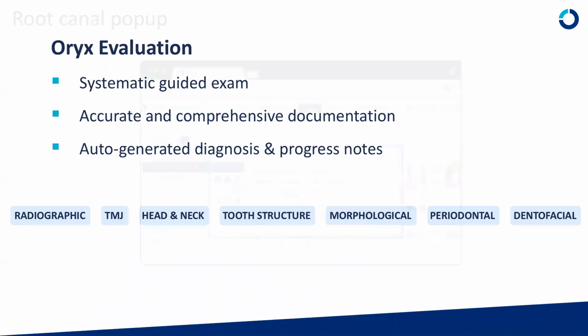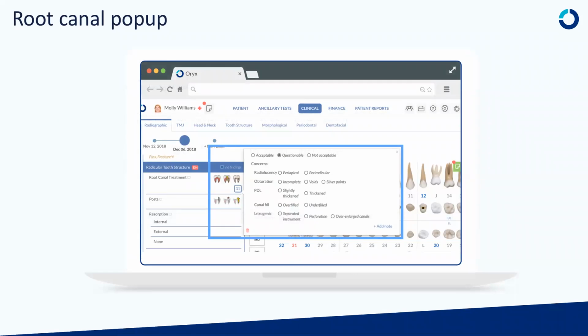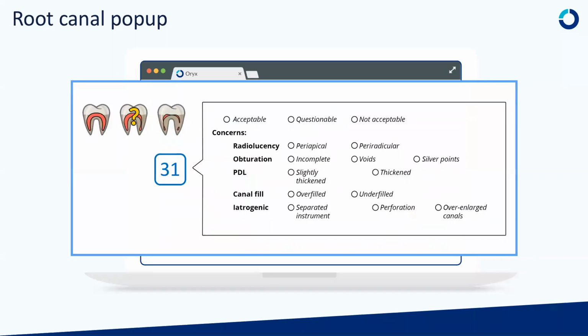So moving on from here, the first thing, and something that is very important, is again that comprehensive documentation that we were talking about. The comprehensive documentation is going to come in different shapes and forms. One of the main things is that you have different levels of information that you can chart on Oryx, and it gives you the flexibility of charting something at a very high level, very straightforward.